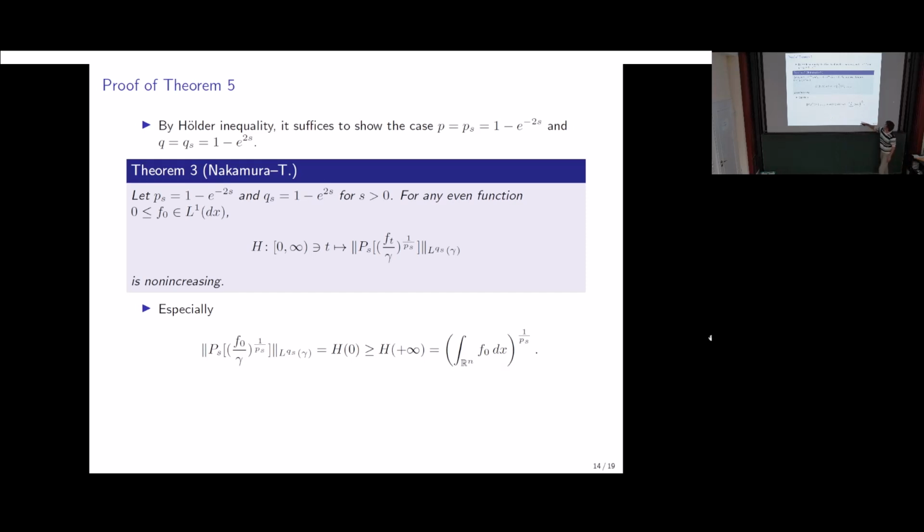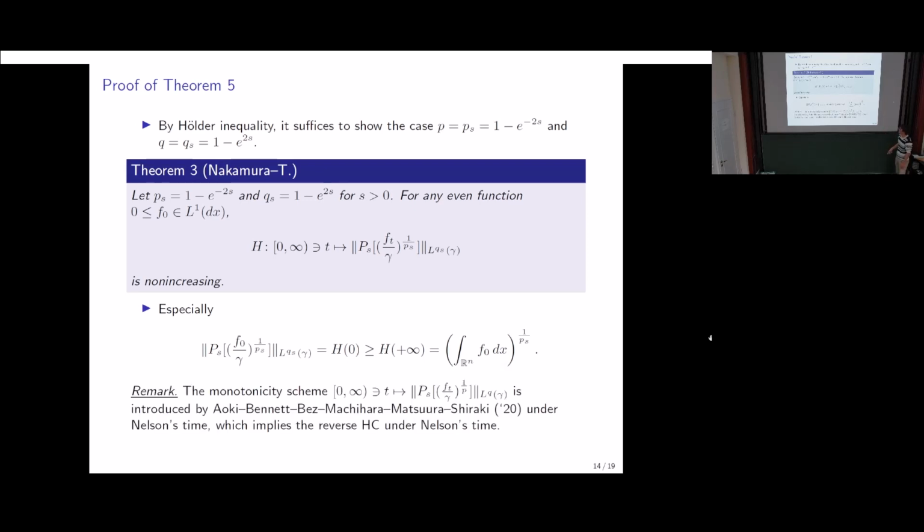On the other hand, H at infinity is less than H at 0, and H at infinity means that as t goes to infinity it becomes the Gaussian. Therefore we can obtain the right-hand side of the reverse hypercontractivity. That is all, the proof is finished.